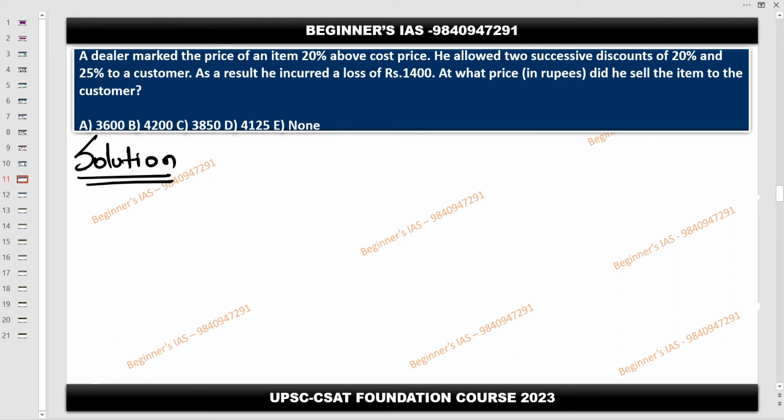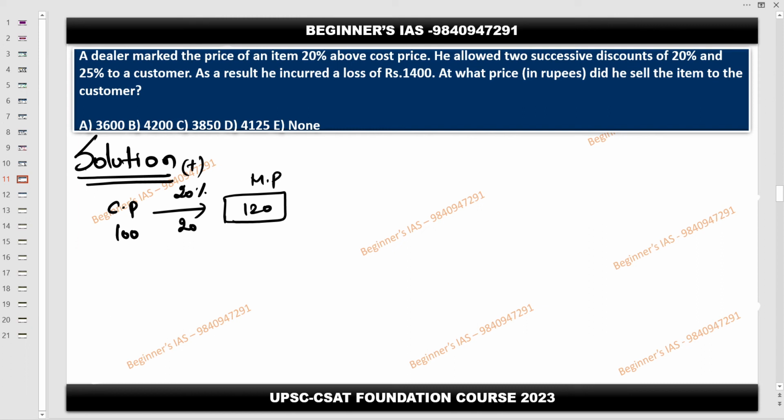A dealer marked the price of an item 20% above the cost price. So let us take cost price as 100. 20% above means positive, then 20. This is going to be the 120, the marked price MP.